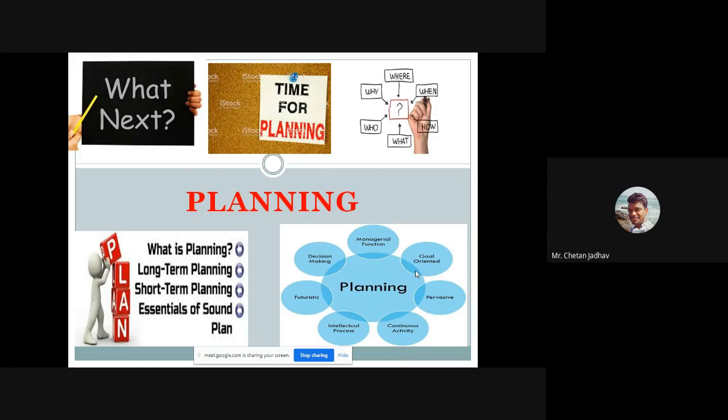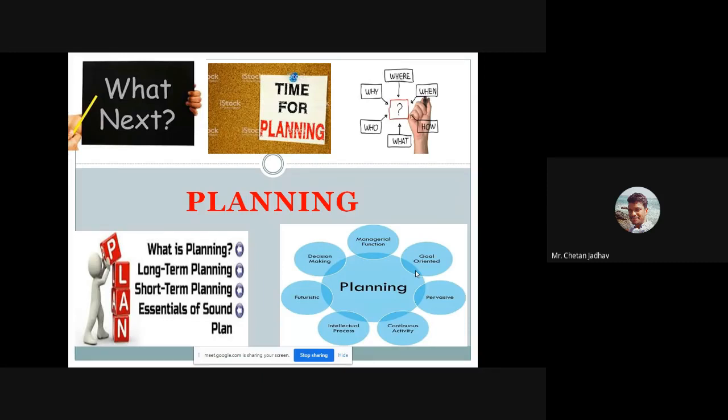That is the first question in your mind. From that question you have to think about what comes next. It is time for planning, which means right now you have to make one simple plan for your goal, which you set before starting any work.